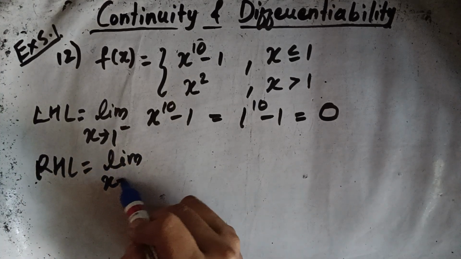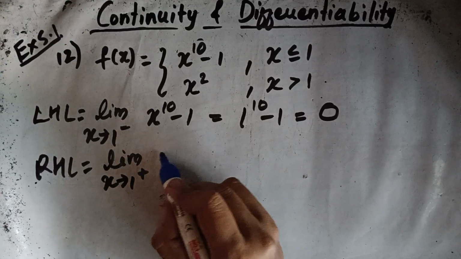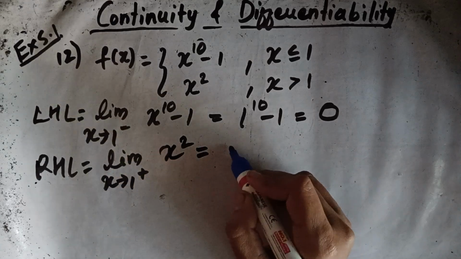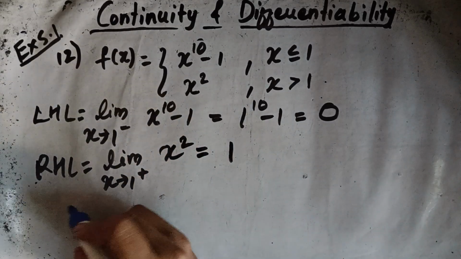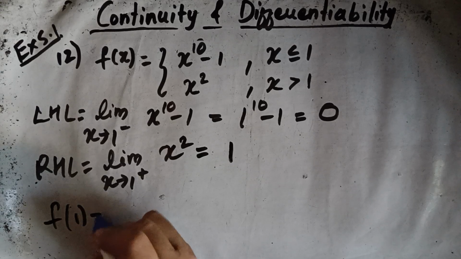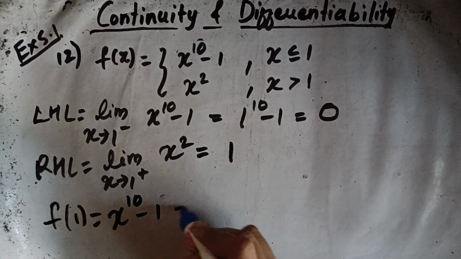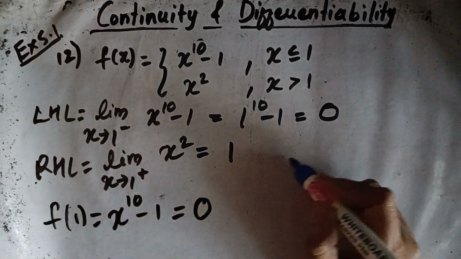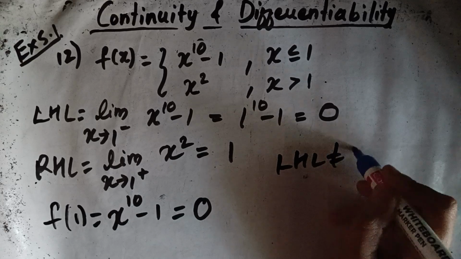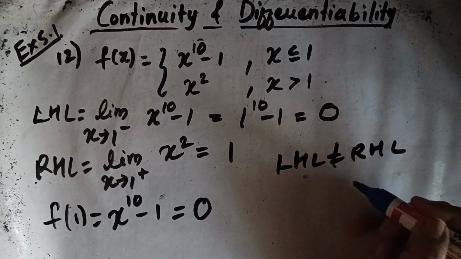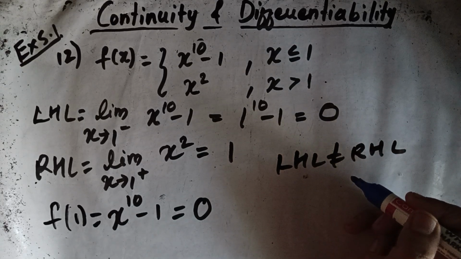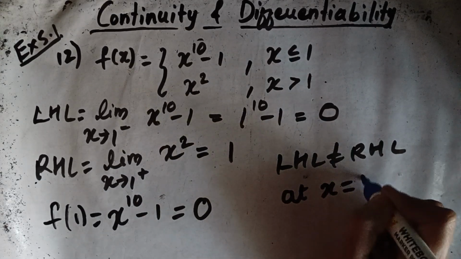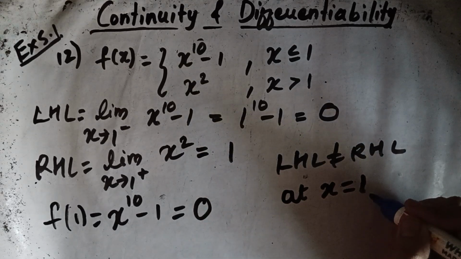As x tends to 1 plus, you take x square. So this is 1. For f of 1 you take x raised to 10 minus 1, so 1 raised to 10 minus 1 is 0. So LHL is not equal to RHL. So we can say that at x equal to 1 the function is discontinuous.